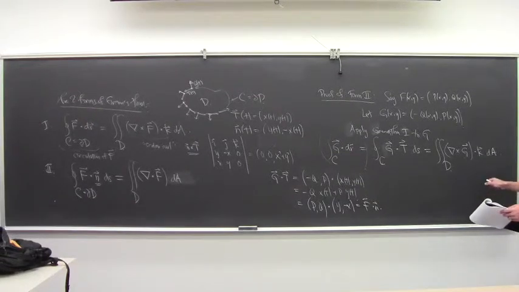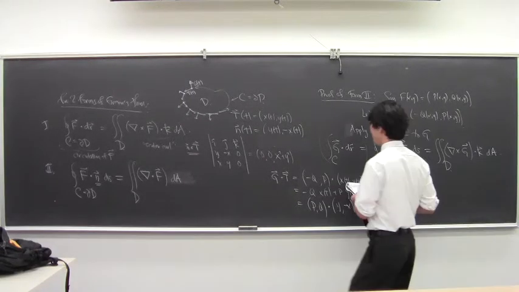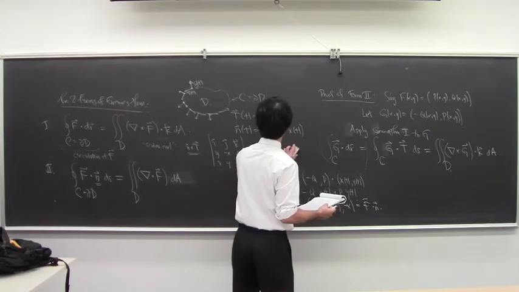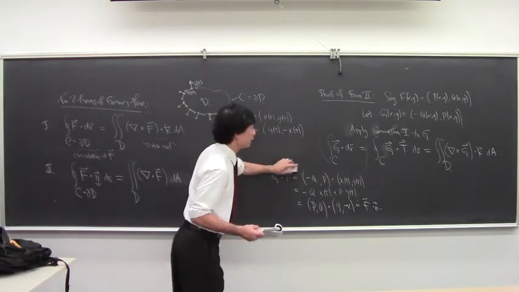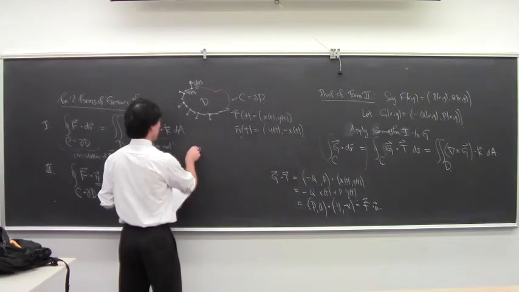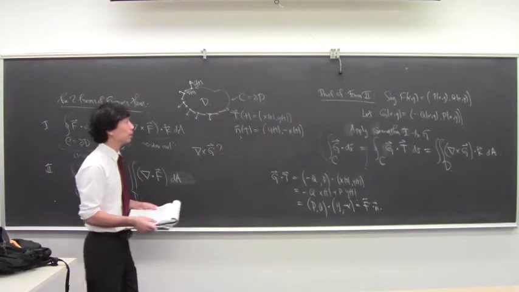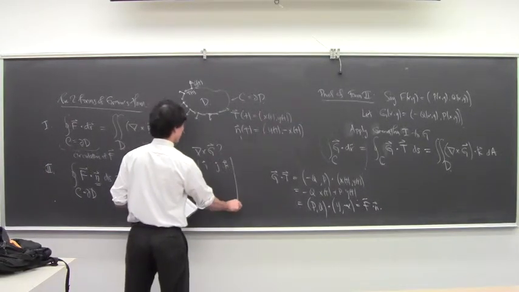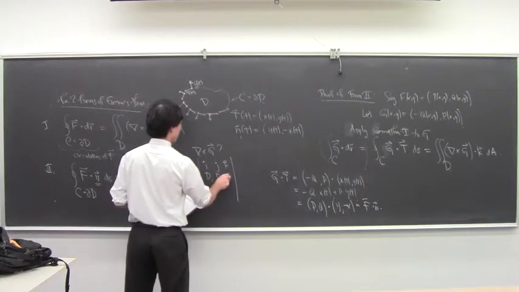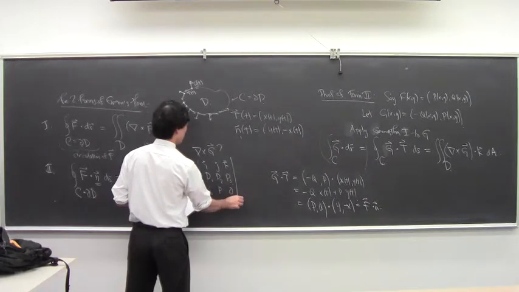Okay. And then similarly here, we think, what's del cross G? Well, you've got i j k, d1, d2, d3, and then G is negative Q, P, 0.